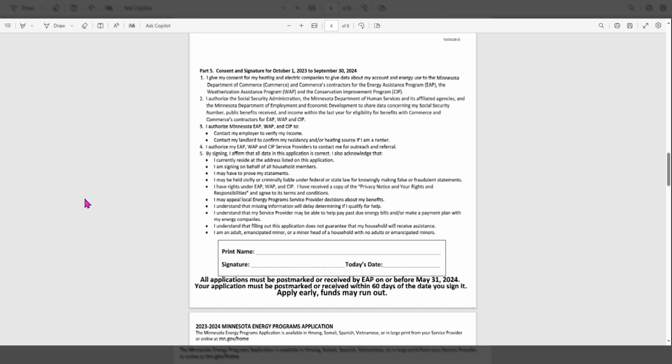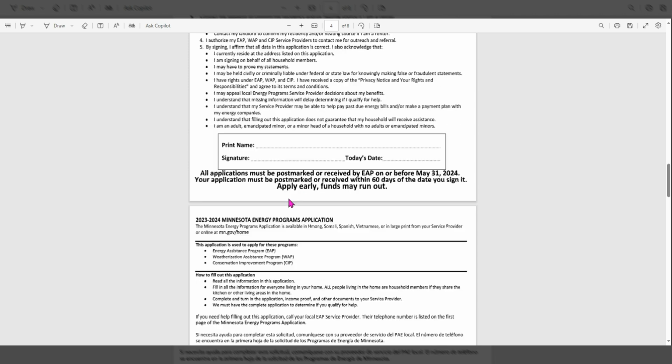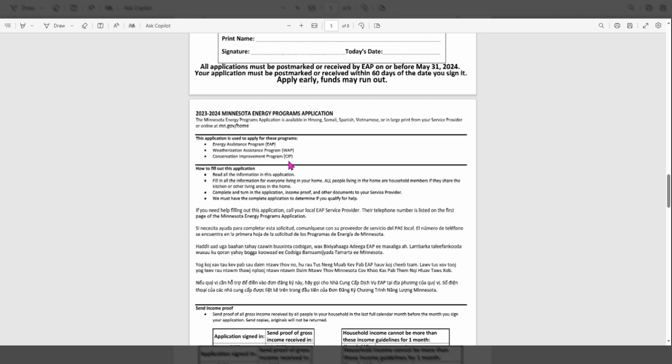I also invite you to read through these stipulations when you have time, because by signing the energy assistance application, you are in fact agreeing to all of them. So that is all 4 pages of the energy assistance application.